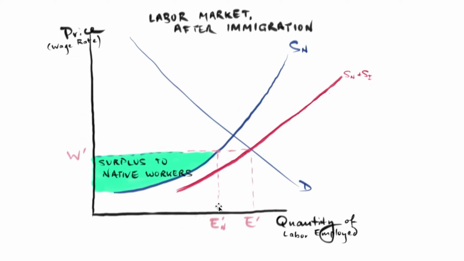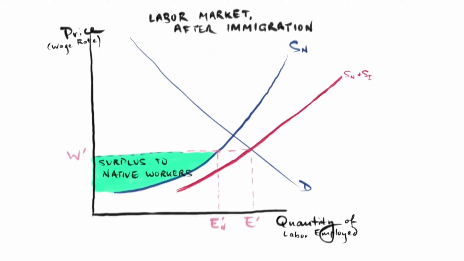And similarly, surplus to native workers has gone down. Remember, supplier surplus is the area below the price down to the supply curve, as far out as the quantity sold. So EN prime is the quantity of native labor sold. Okay, so this area is the surplus to native workers after immigration.